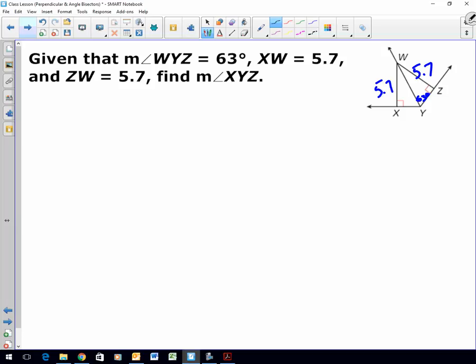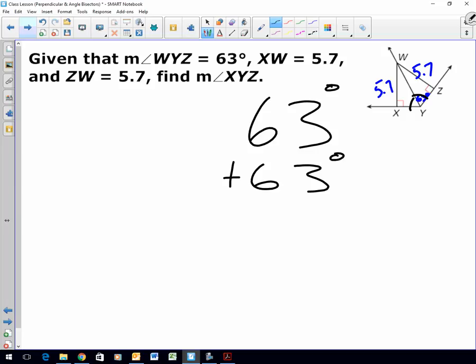If WX and WZ are congruent, then WY is the angle bisector of XYZ. And if it is the angle bisector, angle WYZ is congruent to angle WYX. So both of these would be 63, which means you can add 63 and 63, or multiply 63 by 2, and you should get 126 degrees.